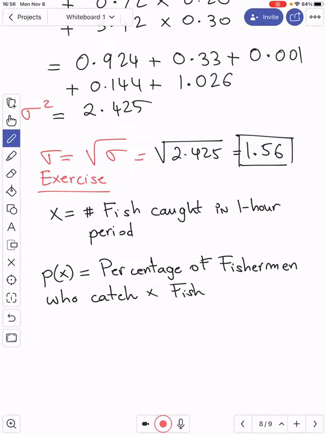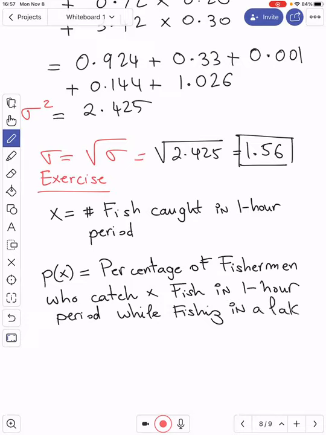For example, x is equal to 1. So p of 1 will be the percentage of fishermen who catch 1 fish in a 1 hour period, for example fishing in a lake. Anyway, we have the following probability distribution.